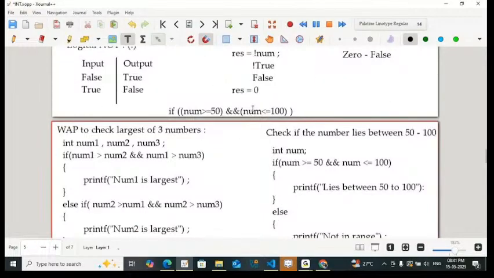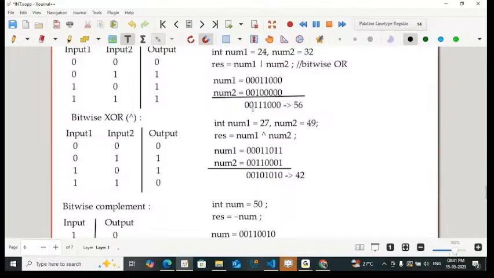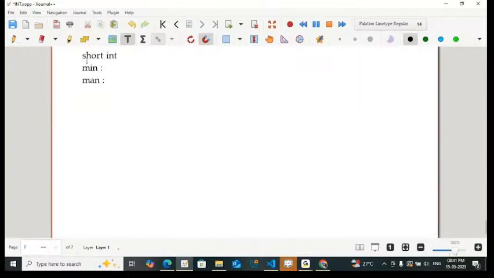Now what happens if I store a value which is out of this range? This is the minimum value, maximum value. I take short integer num with the value 43789.